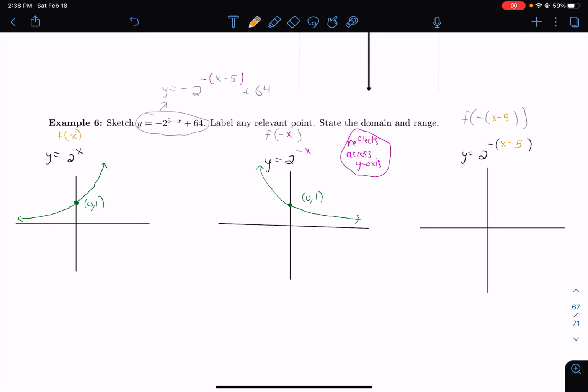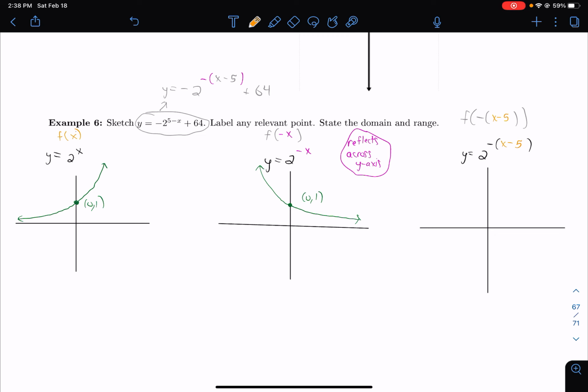Okay. So when we did this step first, where we factored the negative out, it helps us see what we are actually going to replace the x with. I'm actually going to replace it with x minus 5. Whereas if we hadn't done that, and I just looked at this, we might think, wait, aren't we going to replace it with like x plus 5? Because that looks like a plus 5 there. And it turns out that would give us an incorrect shift.